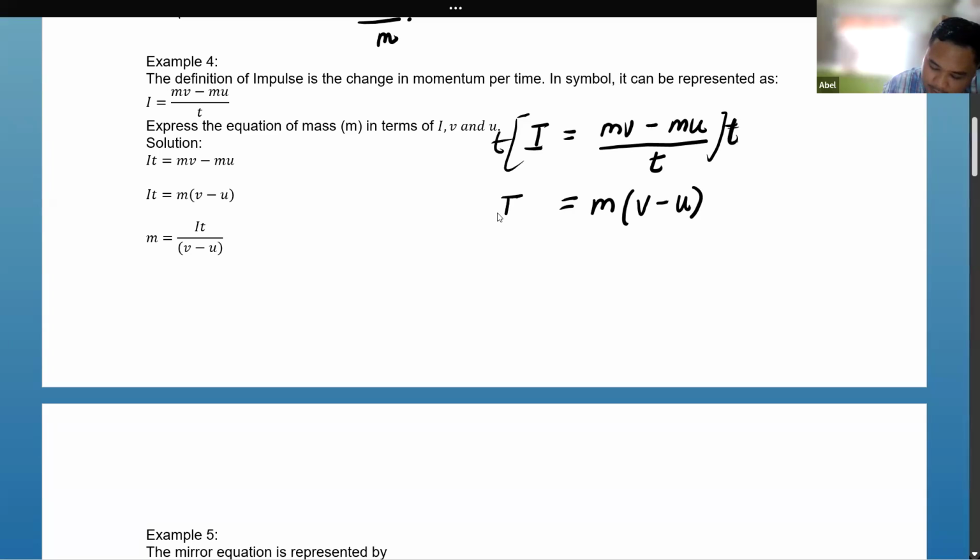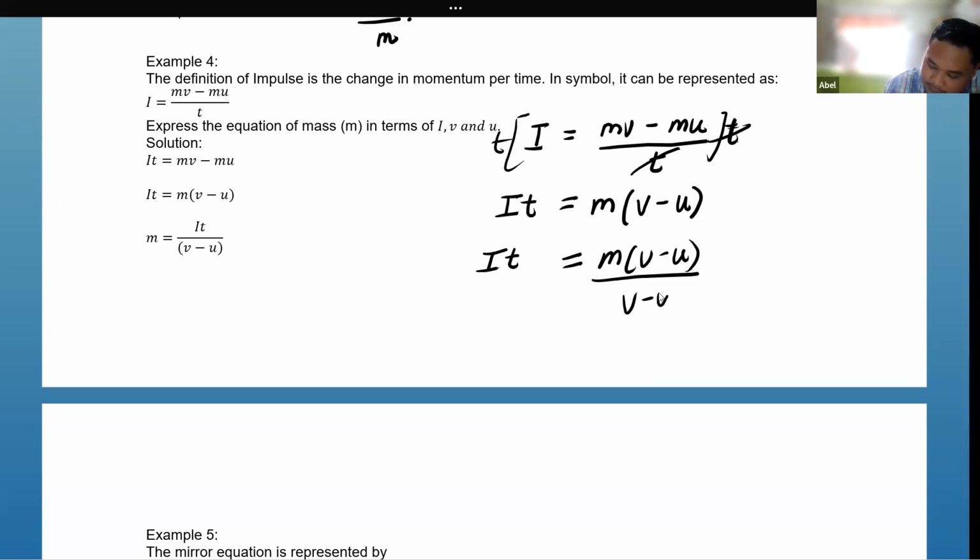So that would be I times t. The t here will be cancelled. And so after that, we need to divide both sides by v minus u. And this now will become m equals It over v minus u.